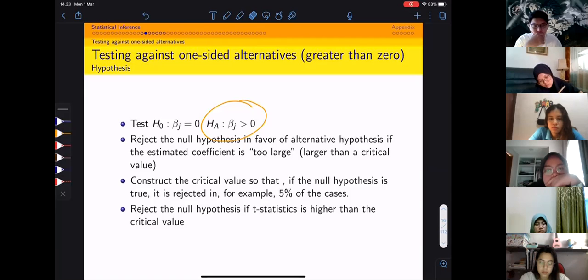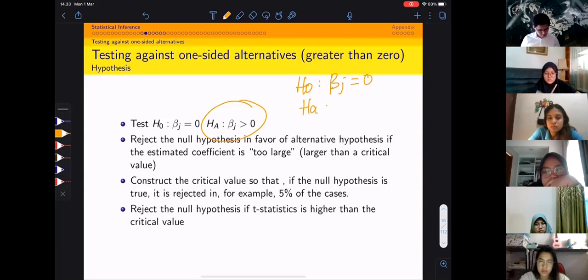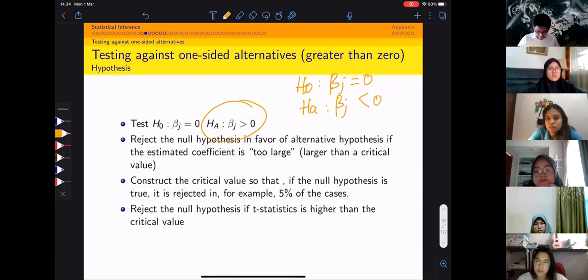So we want to know whether the null hypothesis is beta j equals 0, and the alternative is that there is a positive effect. It means that if you receive the intervention, the incidence of stunting is actually lower. In that case, we're going to use a left tail test.